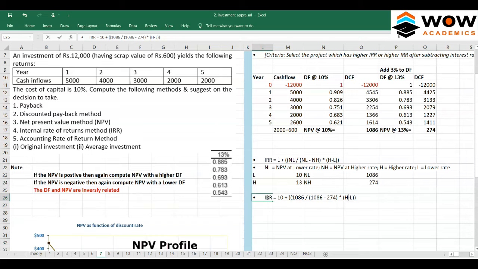H refers to 13, and L refers to 10. So done. If I do this, I will quickly get the answer. I will directly get the answer, but I will show you a step-by-step approach also.